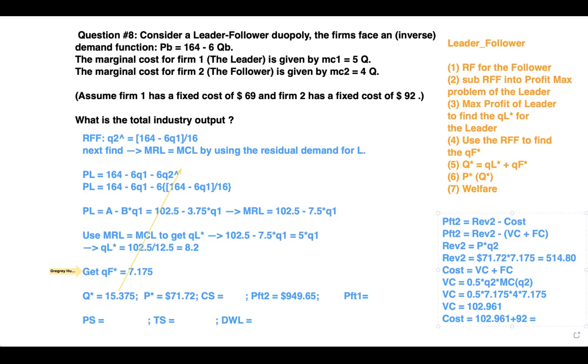Michael Quintana says 194.96. Okay. Do you want to do us the honors? Our profit for firm 2 is equal to our total revenue minus our total cost. What do we get?